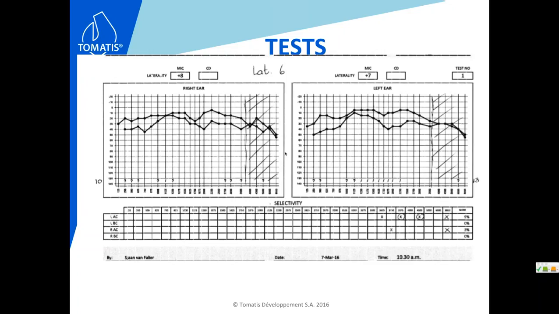Mm-hmm. Okay, what can you say? I don't know if there are other things you'd like to say on the listening test. Maybe the specialization areas in the left ear. There are many in the linguistic area, and that probably ties in with his social and communication skills.